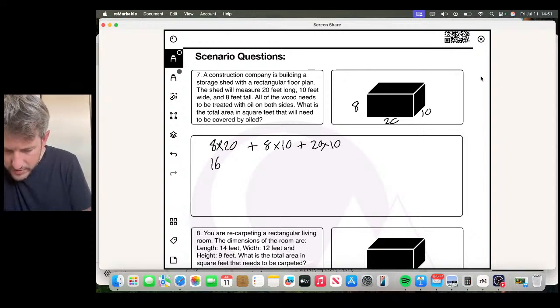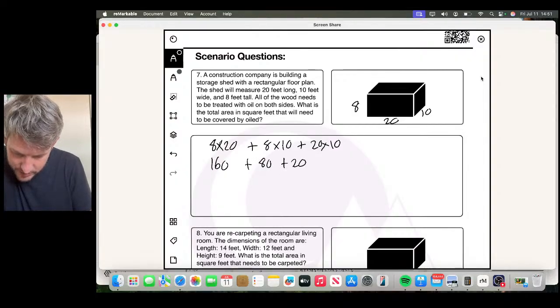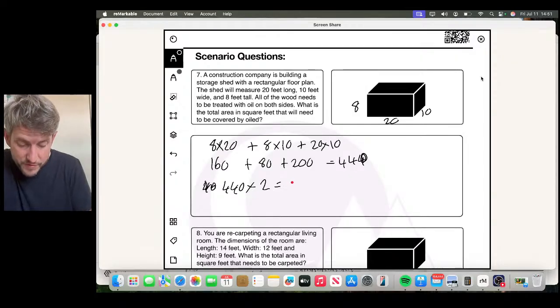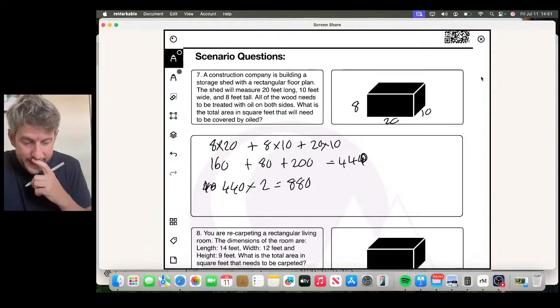So that's going to be 160 plus 80 plus 200. So 160 and 80 make 240 together, then 440. So that equals 440. Then if I times that by 2, I get the whole cuboid. So 440 times 2 will give us the surface area, which will be 880.